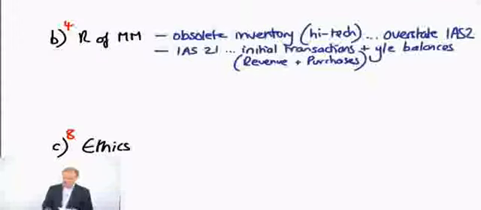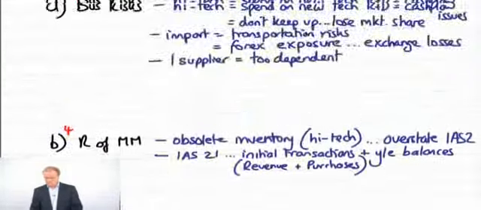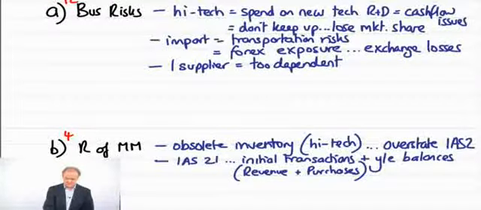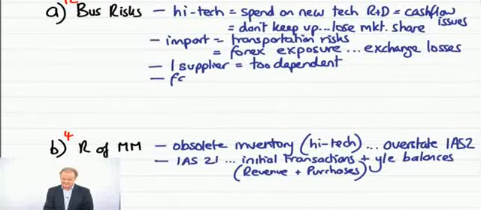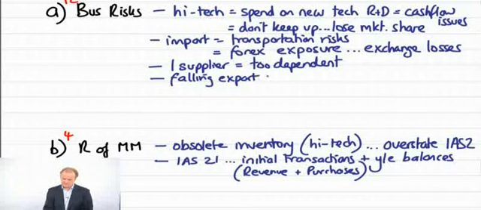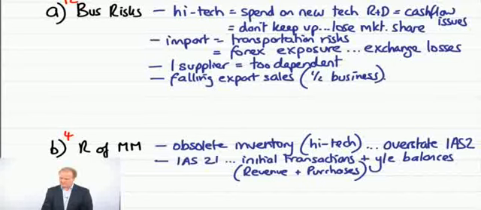So in my answer, business risk is falling export sales, which is half their business, is suffering. That must surely create potential cash flow issues going forward.